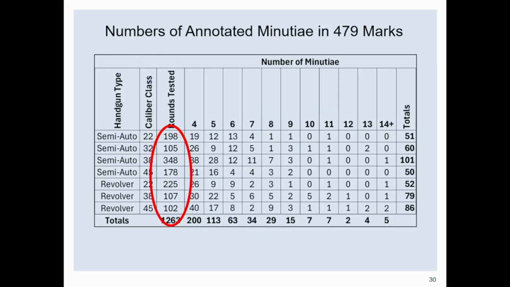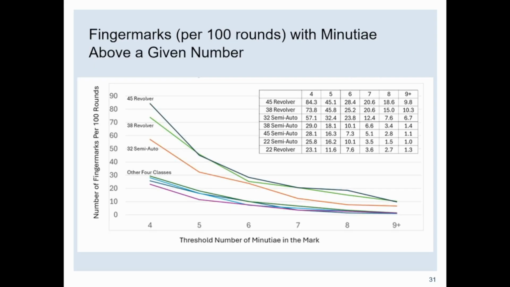Now, these are all with different numbers of rounds of ammunition in each of the categories. It's a better view of it if we look at, for each handgun and ammunition type, what percentage of rounds will give us a result with how many points of identification in it. So that's what this chart is.